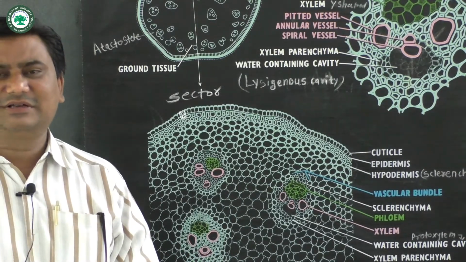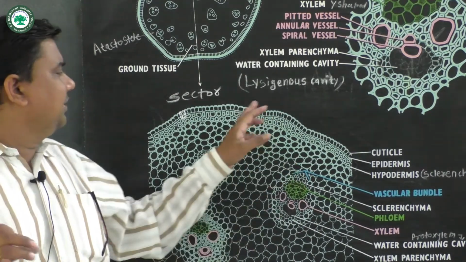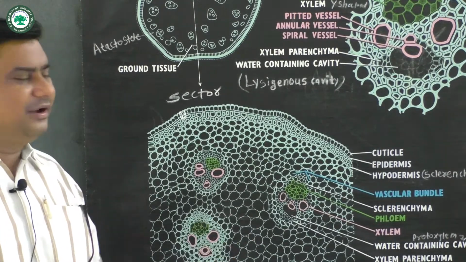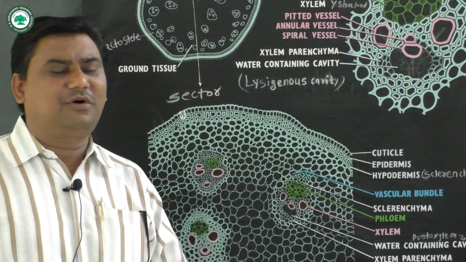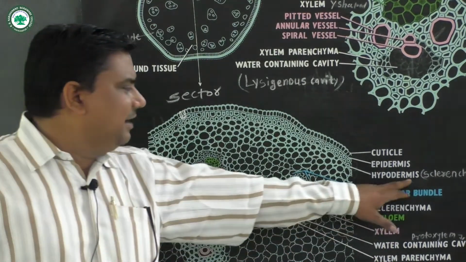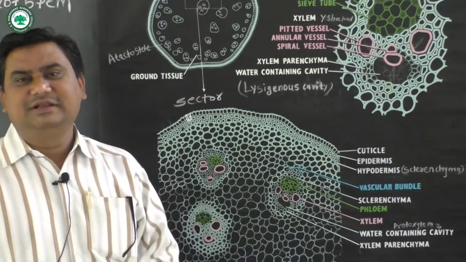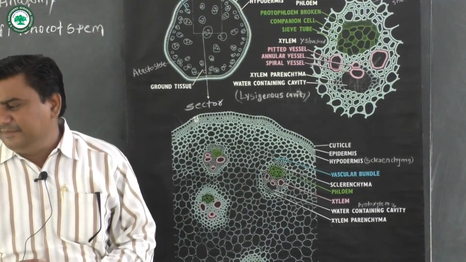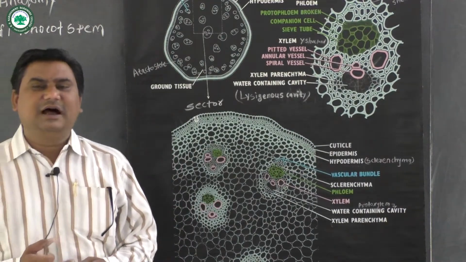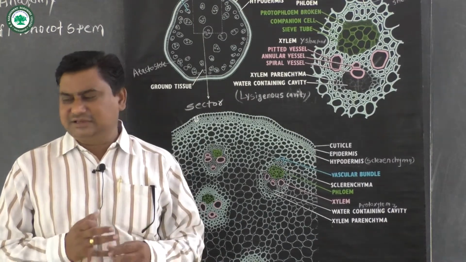In the dicot stem the epidermal cell is larger. Then hypodermis. In the monocot stem, the hypodermis is made up of sclerenchyma, and in the dicot stem the hypodermis is made up of collenchyma cells.